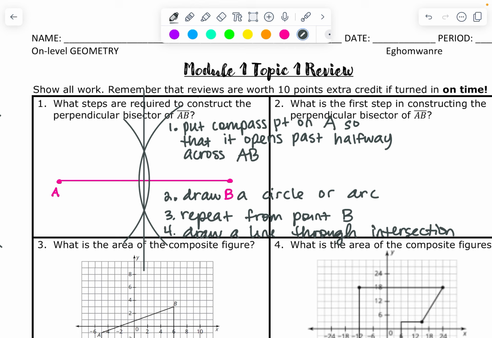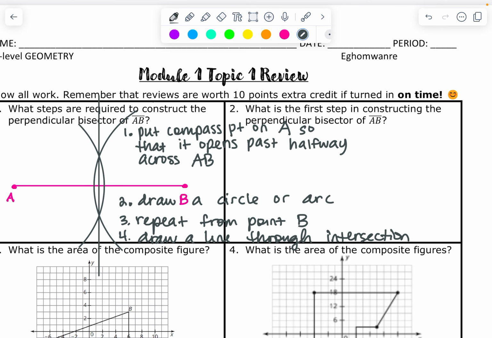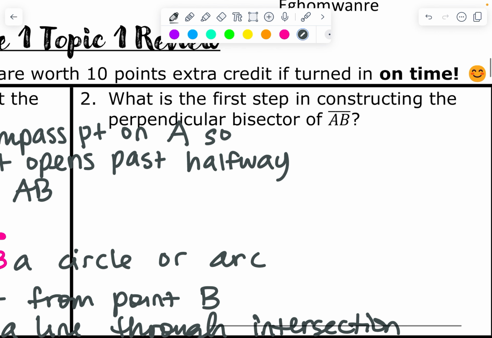All those steps would get you the perpendicular bisector. Okay, so I want you to try number 2, which we already did. What's the first step in constructing a perpendicular bisector of AB? Hopefully you wrote it down.